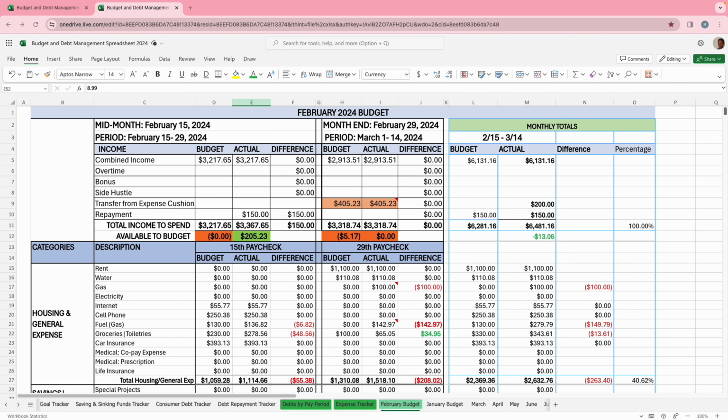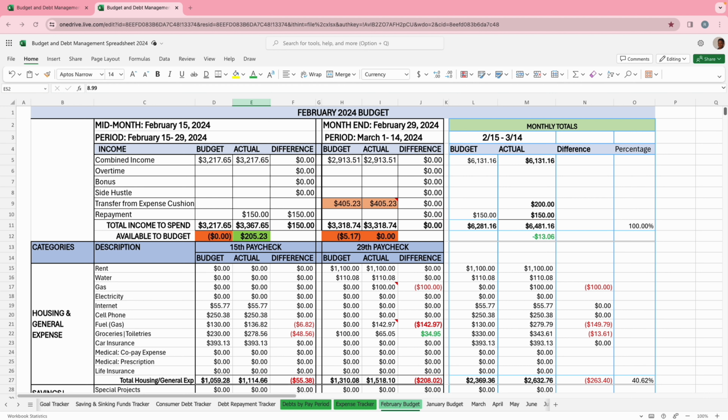To wrap this video up, just remember that closing out your monthly budget by reconciling your expenses and income, making any necessary adjustments, and reflecting on your spending habits allows you to track your progress. Whether you're just budgeting because you want to know where each dollar is going, or you're on a debt free journey and you want to get your cash flow in check, it is necessary to close out your monthly budget.